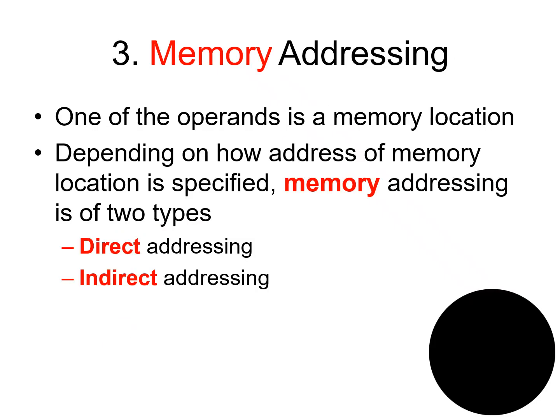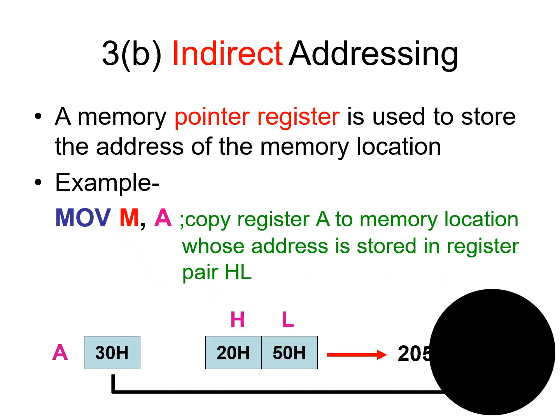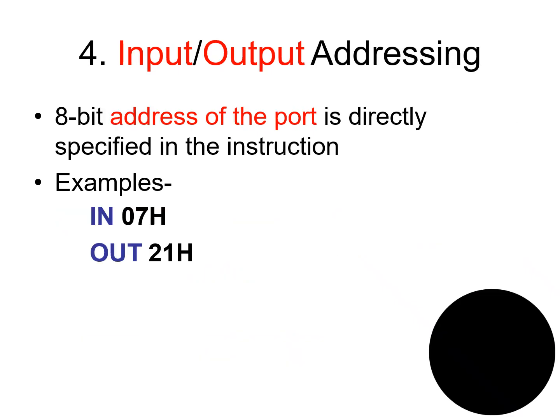And memory addressing, I told you already, is direct and indirect. The address will be directly mentioned in the instruction, and indirect means the address will be mentioned indirectly through a pointer or registers. And next is the input and output addressing mode.